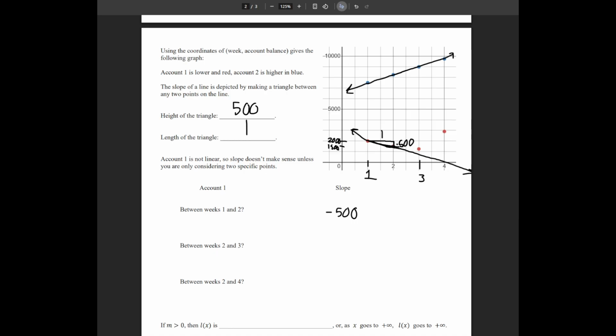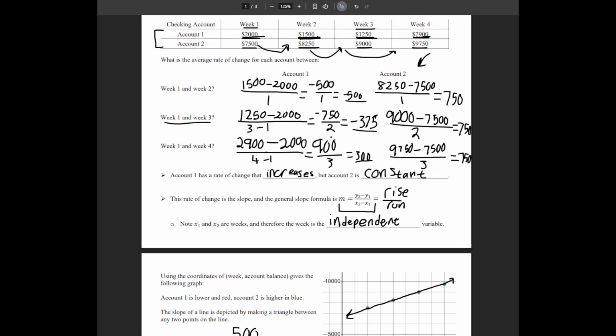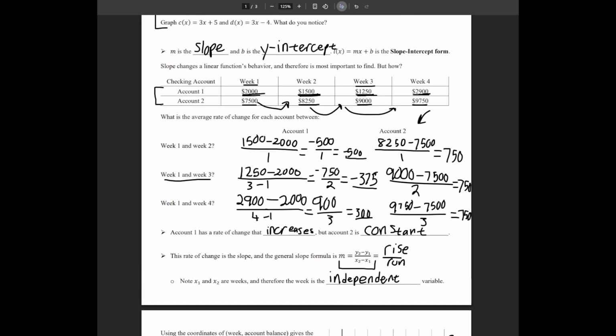For now, what we're going to do is look at the slope. The slope will just be however far we go up or down. In this case, we go down 500, so it'll be negative 500, divided by however far we go left to right. In this case, we're going left to right 1 unit, so divided by positive 1. Our slope is just negative 500, which is the same thing as we found up here.